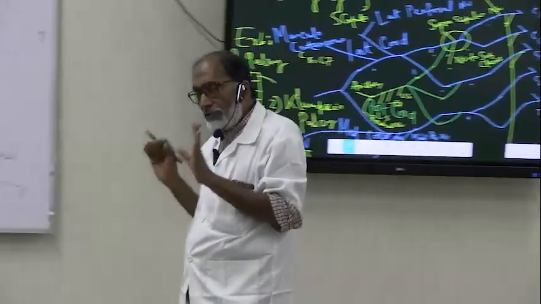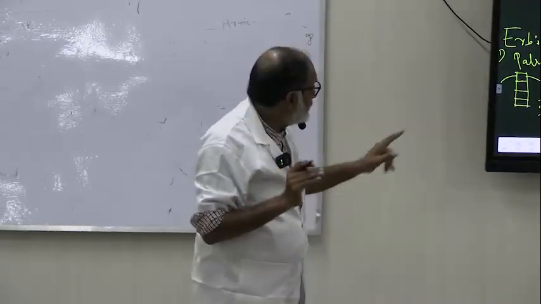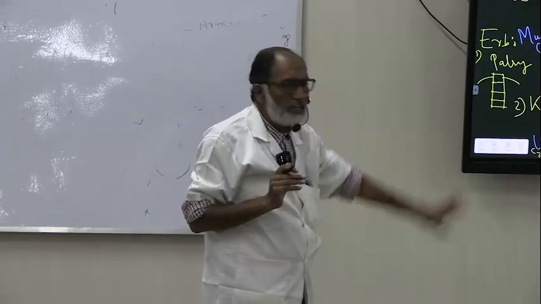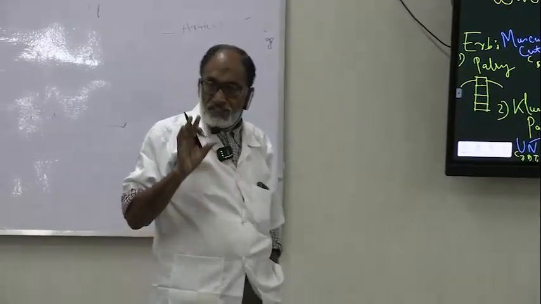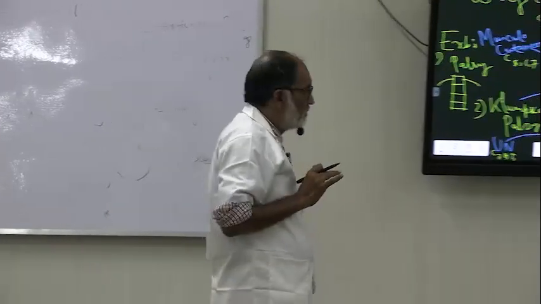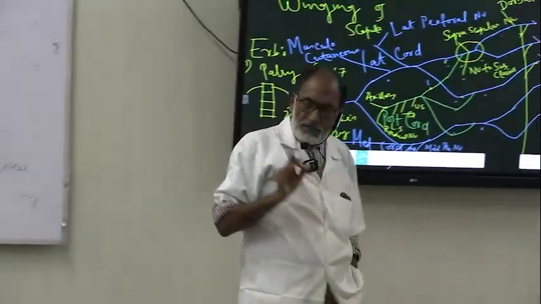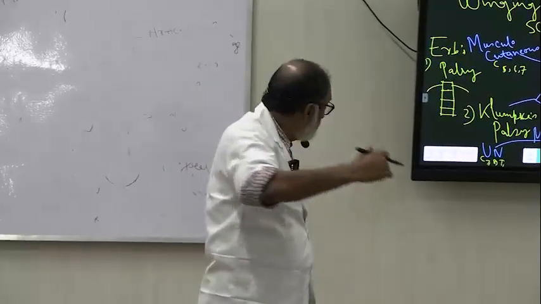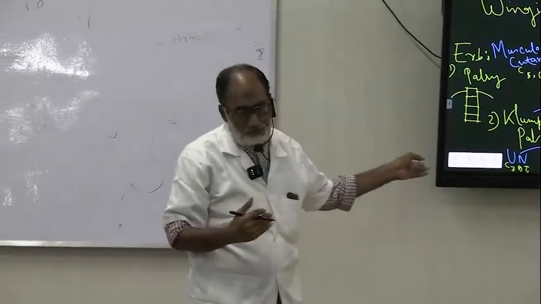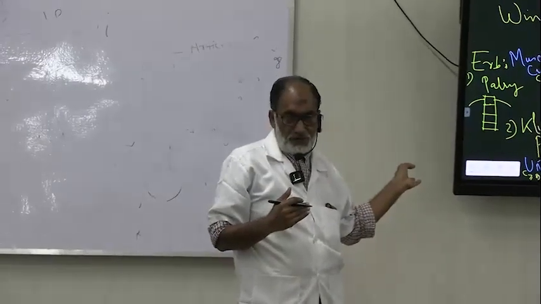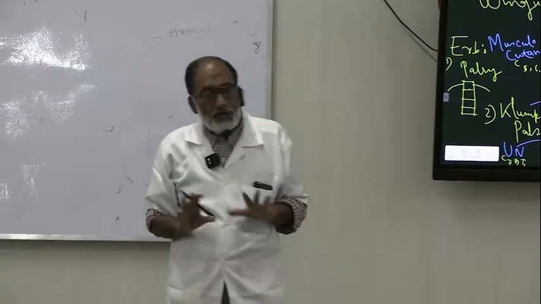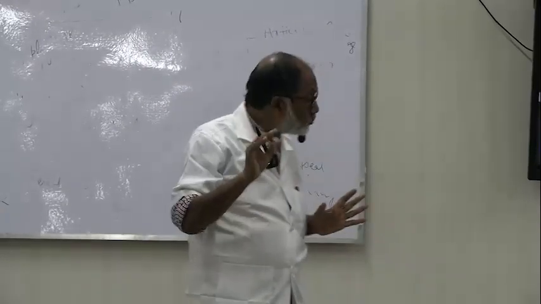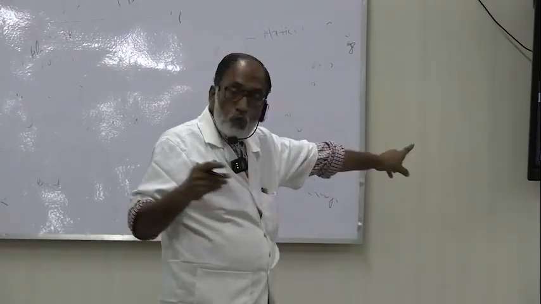are the C8 and T1 fibers. C8 and T1 fibers are mainly passing through the ulnar nerve. Did you understand? The ulnar nerve, and it is also passing through the median nerve.